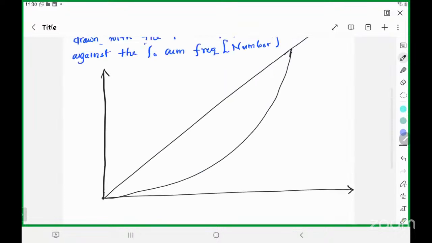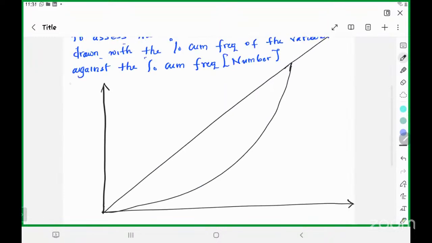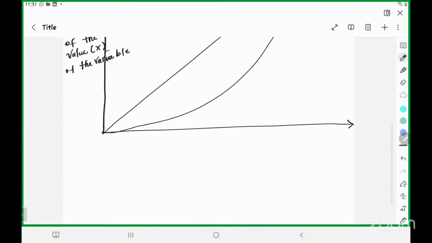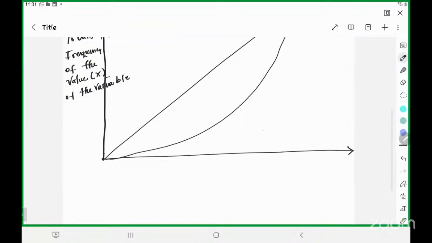So this is the percentage cumulative frequency of the value x of the variable, and then this is the percentage cumulative frequency.